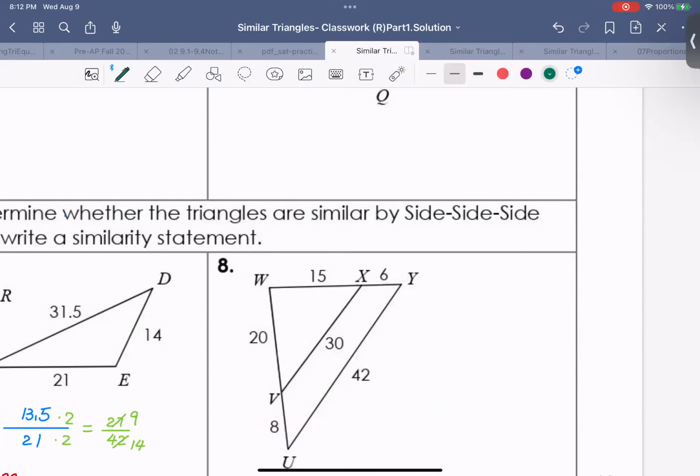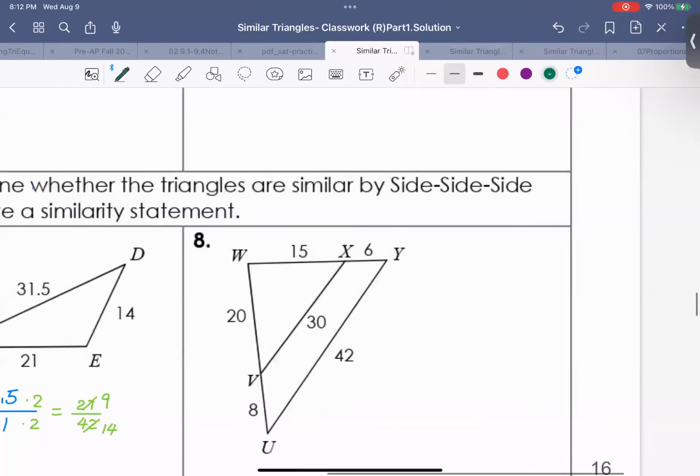It's 20 over 28. You can simplify that to 5 over 7. So you do 20 over 28. And then you want to check if this equals 15 over what? 15 over 21. Good.